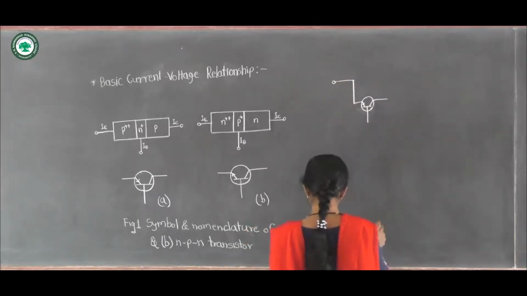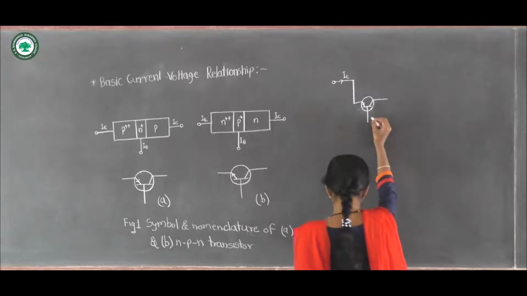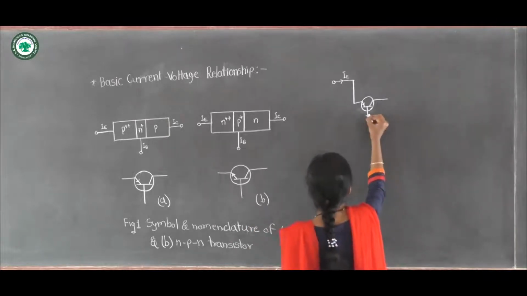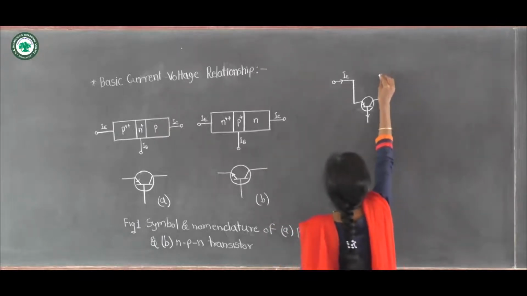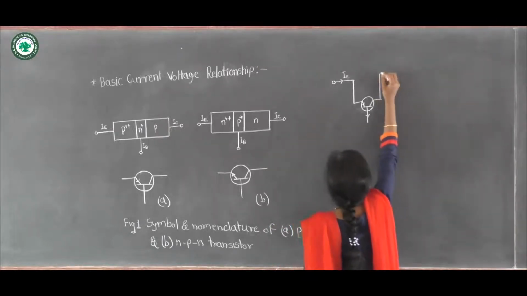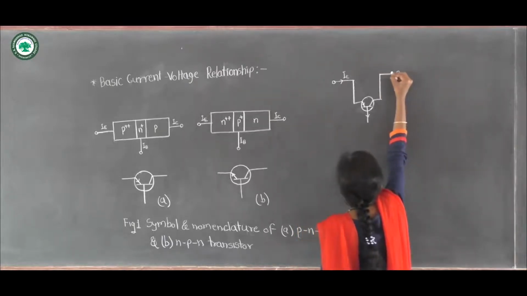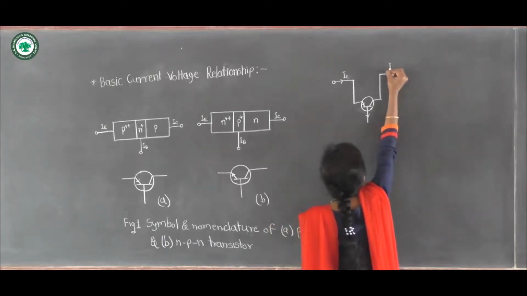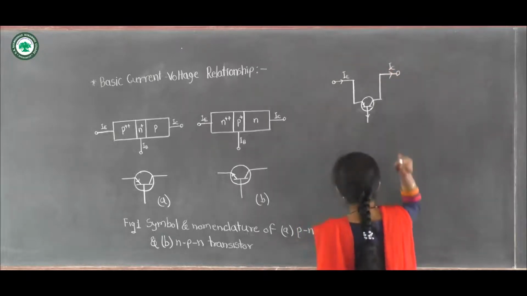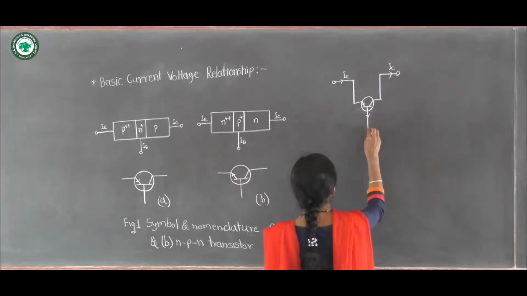So this is emitter terminal. This is base terminal and this is collector terminal. So here current flowing through collector terminal is IC and current flowing through the base terminal is IB.